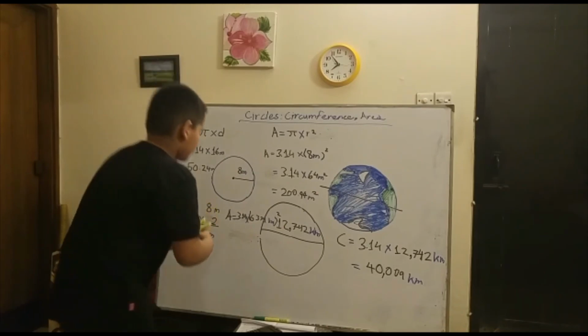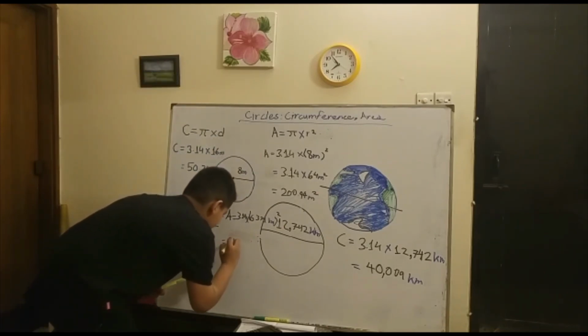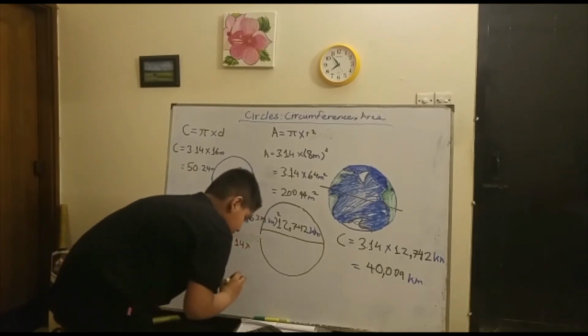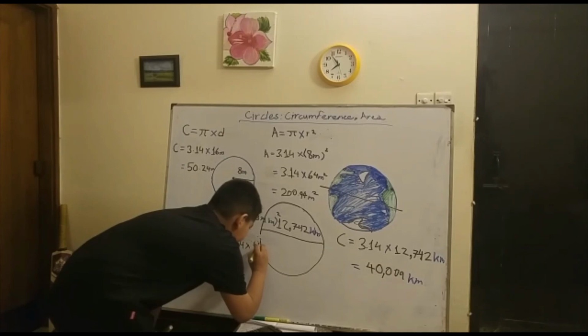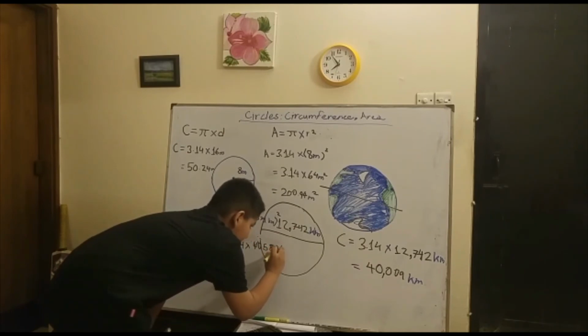So area equals 3.14 times, well, more than a million, I mean kilometers.